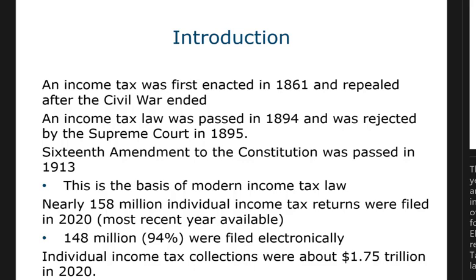So Congress went back to the drawing board and passed the 16th Amendment, ratified by the states in 1913, and so we changed the Constitution such that an income tax would be possible. Then of course they passed a law, and everything was ready to go.